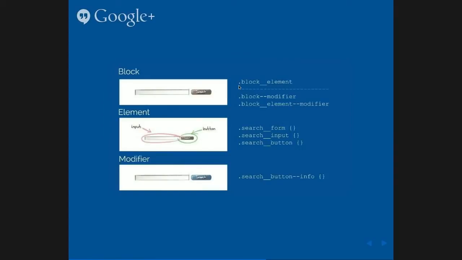The block will have a search class, and we are naming the elements like search, double underscore, and that element name. In the case of input, search double underscore input, and the search button the same way. If another element is there, we do the same thing: search double underscore button.